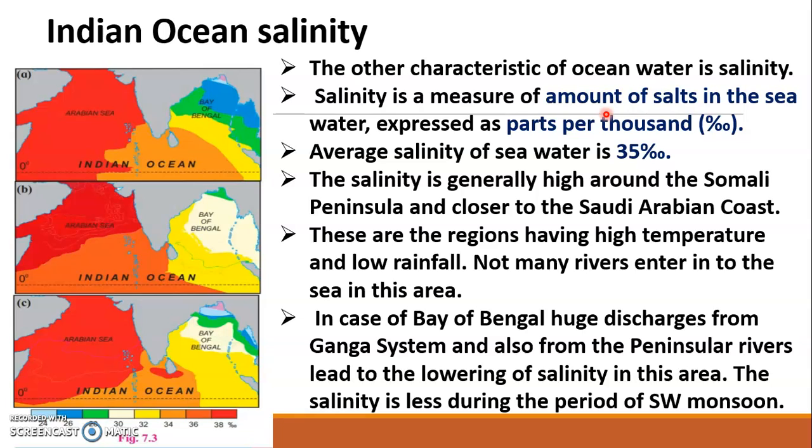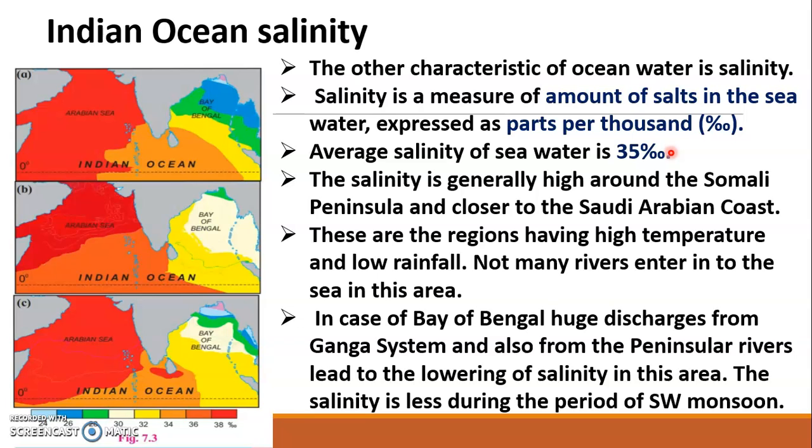The amount of salt which is present inside your sea or ocean water, by that you can count the salinity of the sea. It is expressed as parts per thousand, and this is the symbol to denote it.